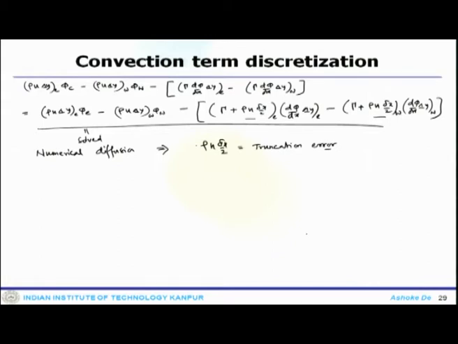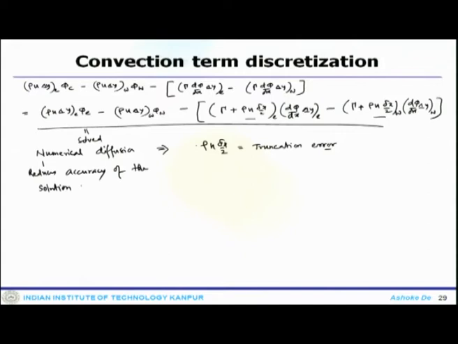This numerical diffusion reduces the accuracy of the solution, because it diffuses the solution more.